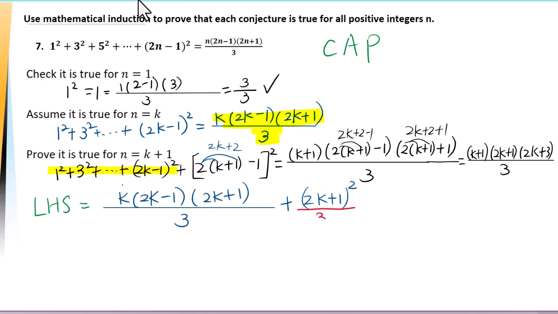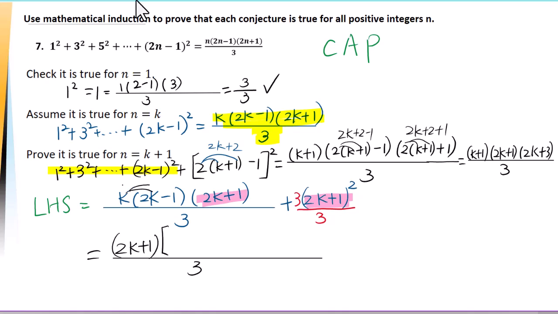Make the same denominator. Do not rush to expand because we have a common factor 2k plus 1 over 3. We will take 2k plus 1 out.